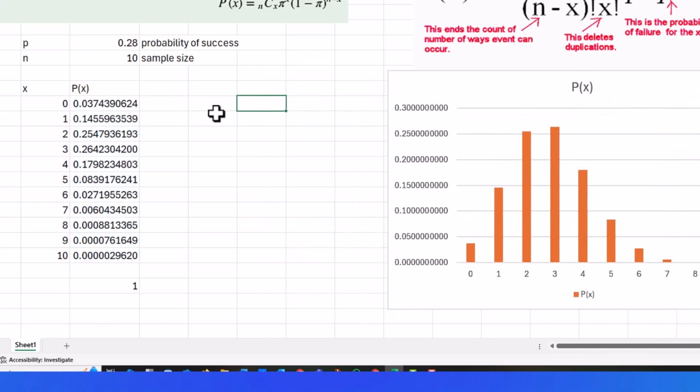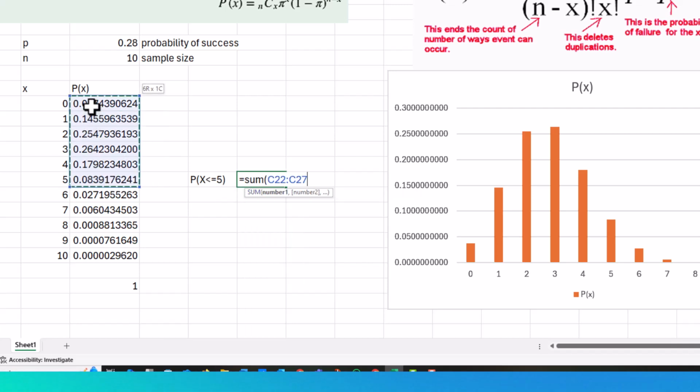But probably more importantly, if I asked you, what's the probability nobody used the credit card? That's the 0. What's the probability 5 people used the credit card? The 5, the 0.08. Now if I asked you what's the probability, and sometimes we write this as X is less than or equal to 5, what this is asking is 5 or less.